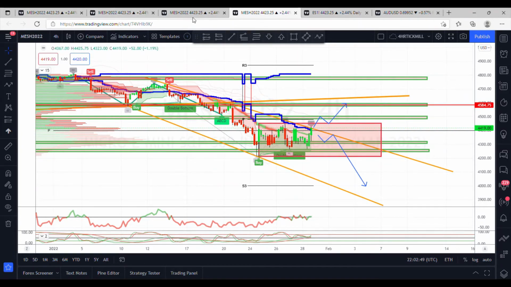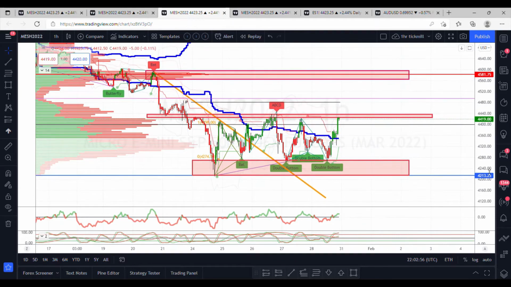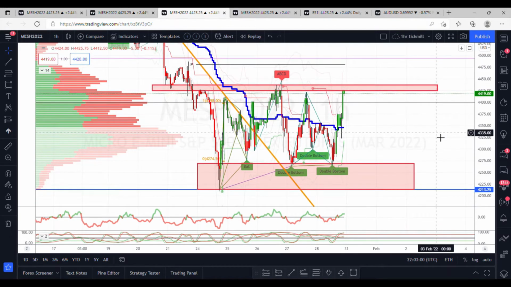That's pretty standard. If we go now to the hourly chart, we can see something completely different again, can't we? So again, we've got big resistance areas.